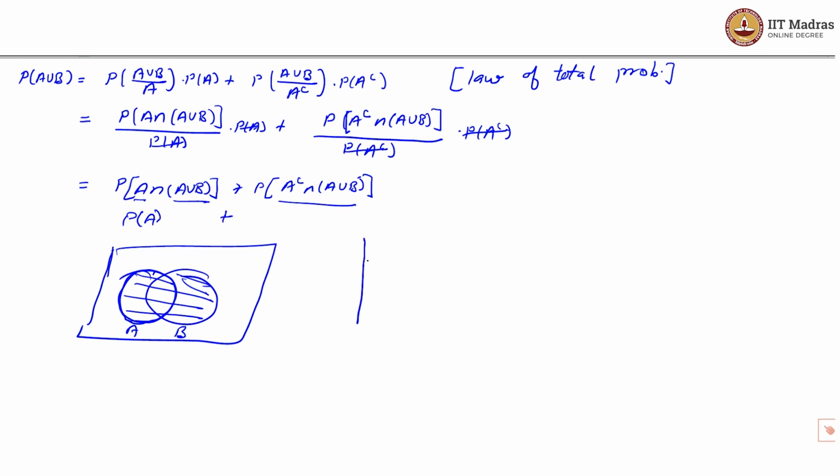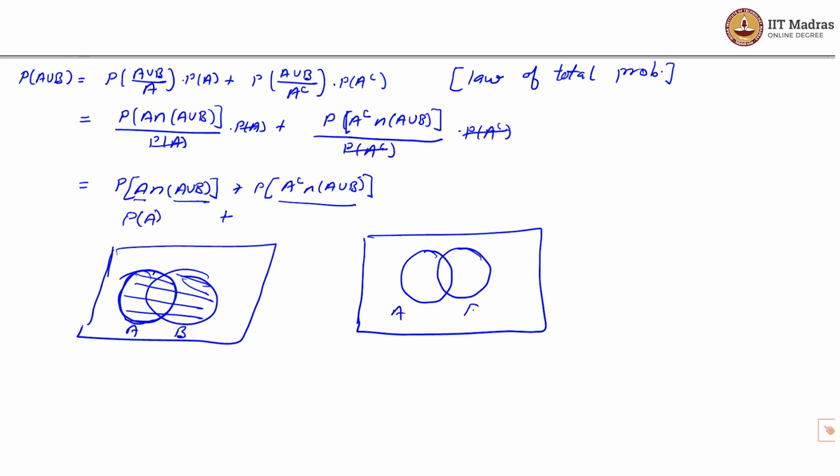For this thing, let me assume the same. This is my sample space. This is A and this is B. Now this is my A, then the outer part of A will be my A complement. This is all my A complement. And A union B is this area.